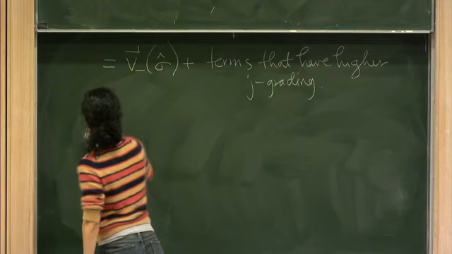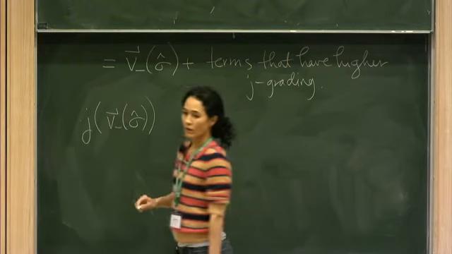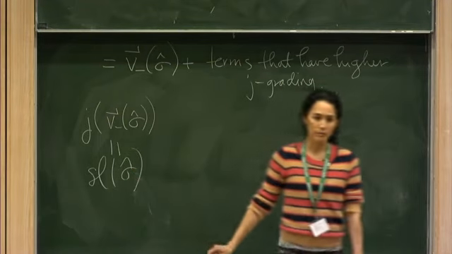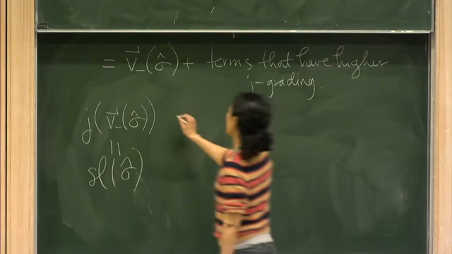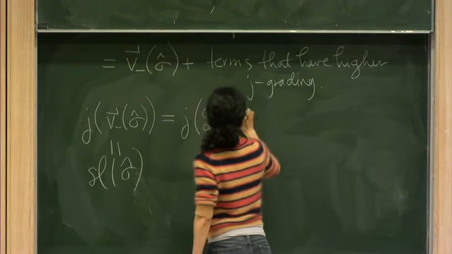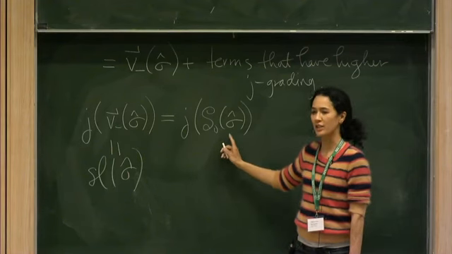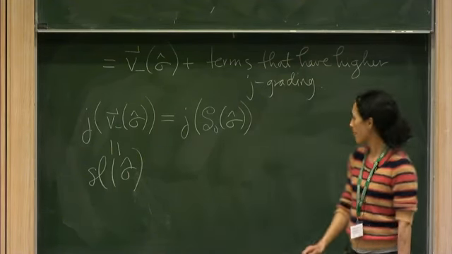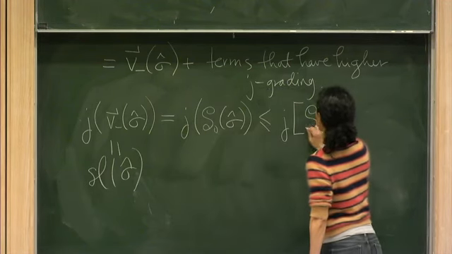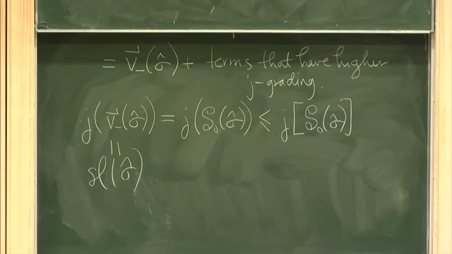And so what this is telling us is that the J grading of Plamenevskaya's class, which we essentially define to be the self-linking number, is actually equal to the J grading of this canonical Lee class. Because remember, we're assigning to an inhomogeneous chain the minimal J grading, which is of course less than or equal to the J grading of the corresponding homology class, because the corresponding homology class is the max over all possible J gradings.